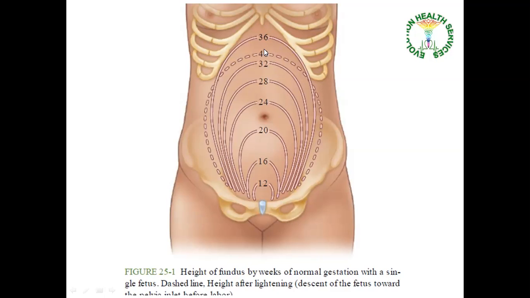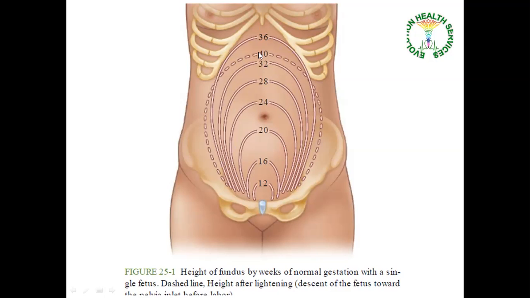But you see, during 40 weeks, it does not touch the xiphoid process. It is just a little below, because the uterus is expanded side to side and the height goes down a little bit.